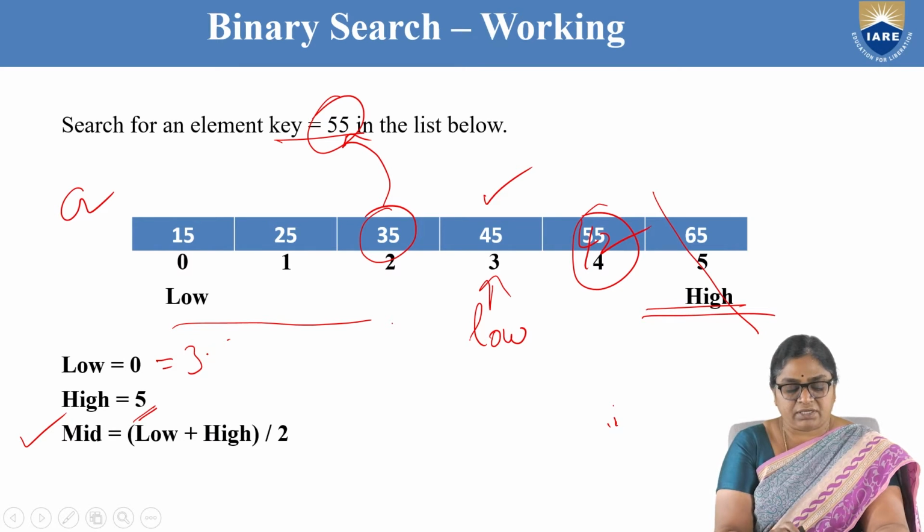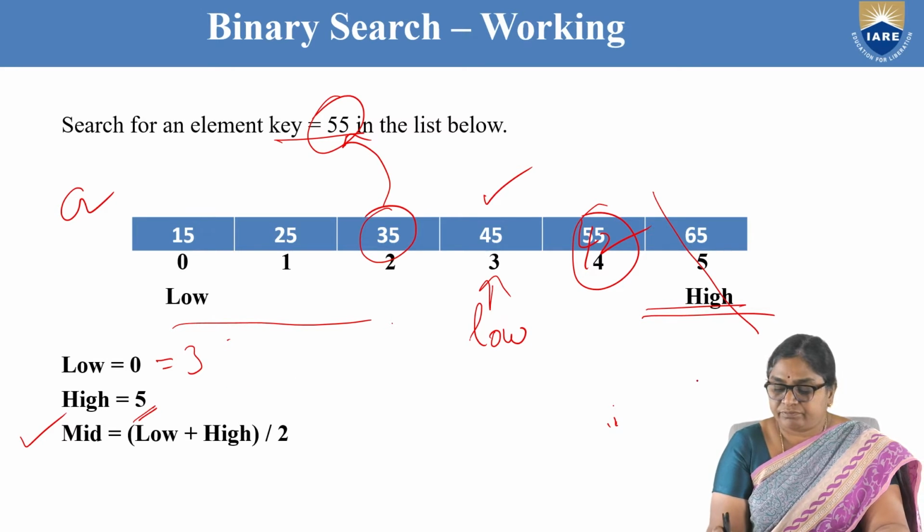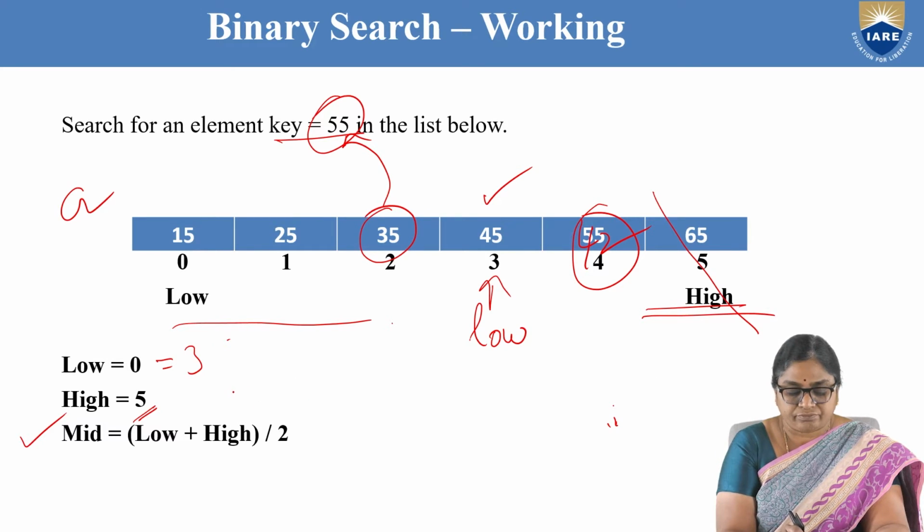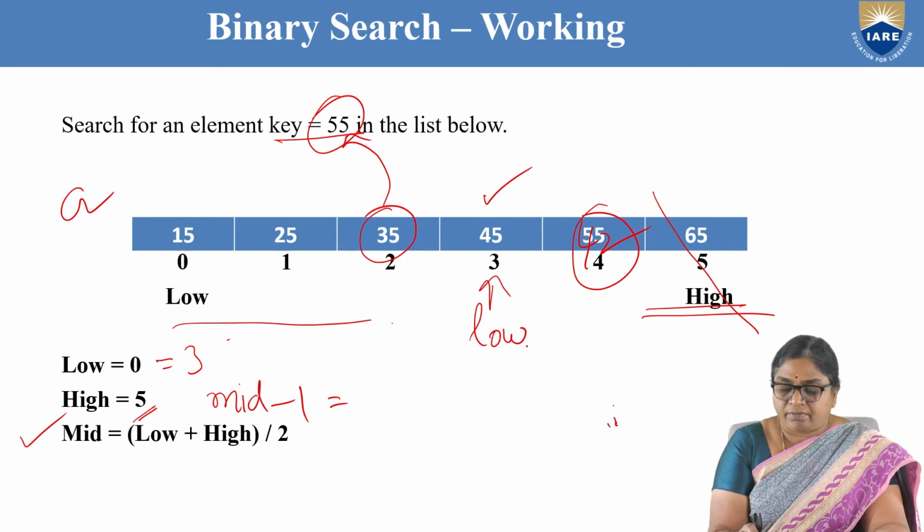Previously the low value is 3. Now the high value will be changed. So what is the high value now? High will be mid minus 1, which is equivalent to, previously the middle element is 4, minus 1, which is equivalent to 3.